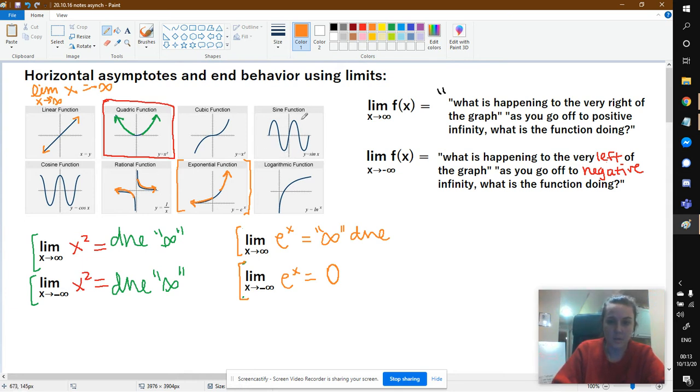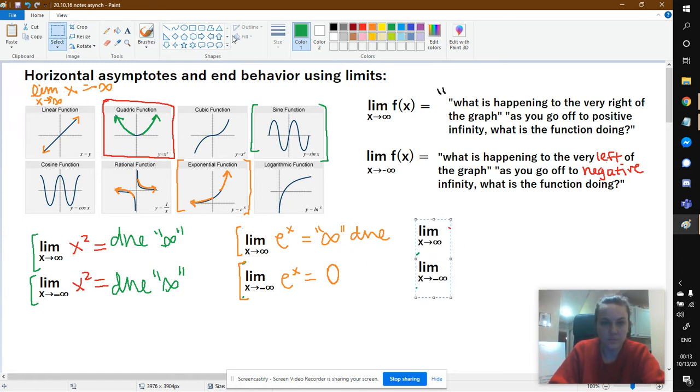I think one of the wackier, wilder ones is sine. The limit as x approaches infinity or negative infinity of sine, we don't just get to draw an arrow and say it was pointing up or pointing down.